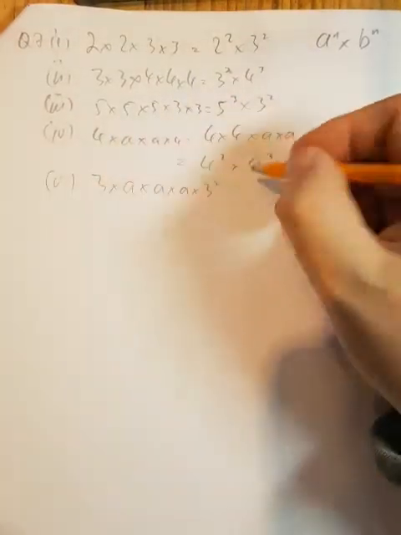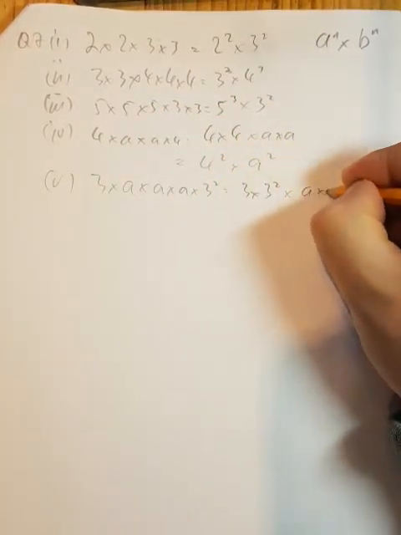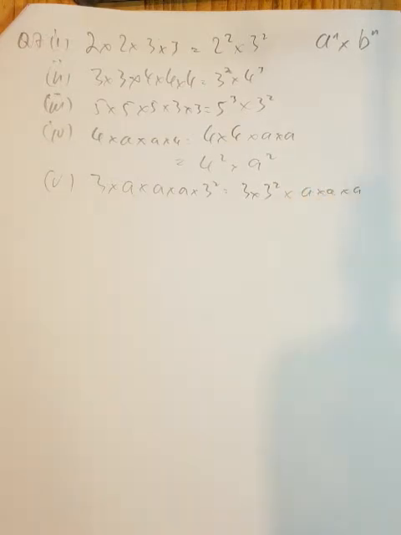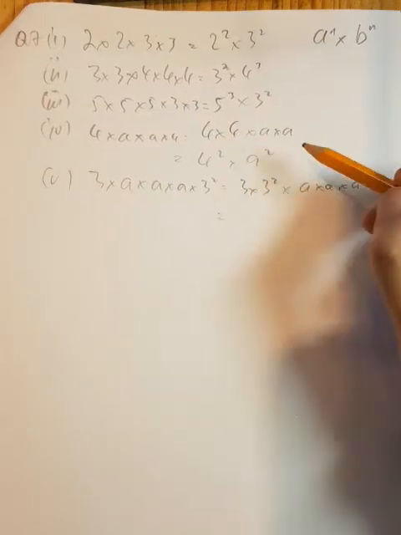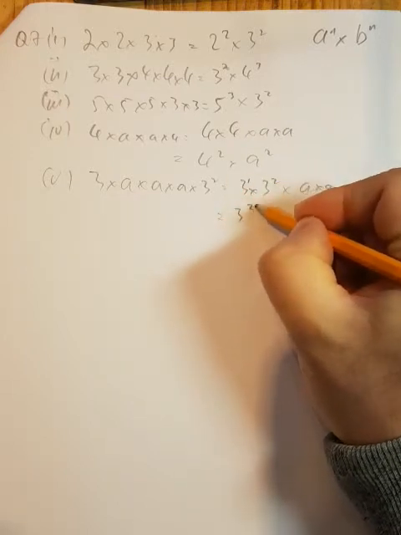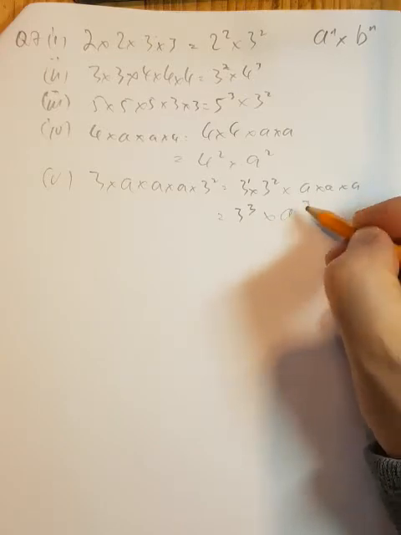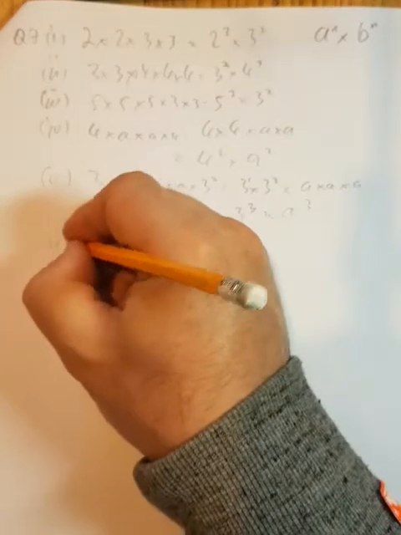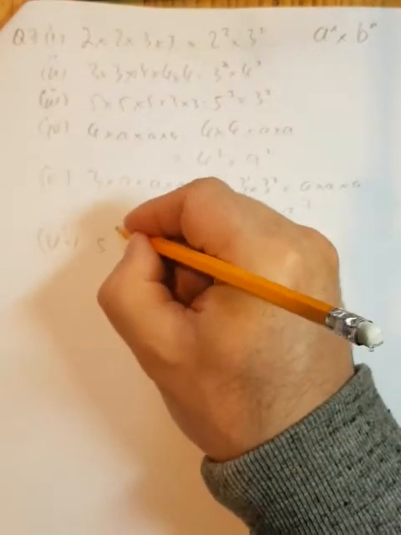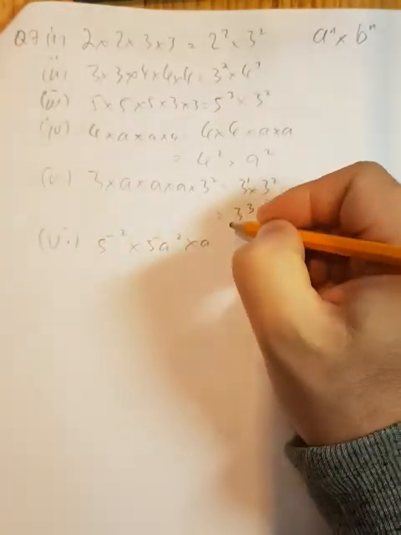So anyway, I'm going to rewrite this up. 3 by 3 squared by a by a by a. I'm just doing this so you can more clearly see how I'm getting each bit. 3, or 3 to the power 1 by 3 to the power 2 is 3 to the power of 3. Add your powers. And a by a by a is also a to the power of 3. Okay? Now, 5 squared times 5a squared times a.